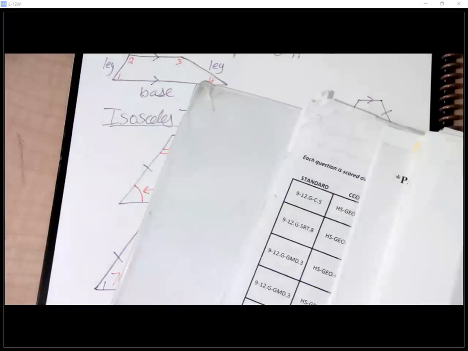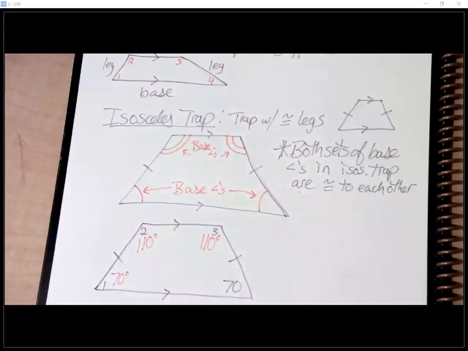Which is annoying, but whatever. We left it with medium. Okay, cool. All right. Any questions so far on the isosceles trapezoid or regular trapezoid? No? So far so good? Okay. Let me mark this. I've got to flip my page over.